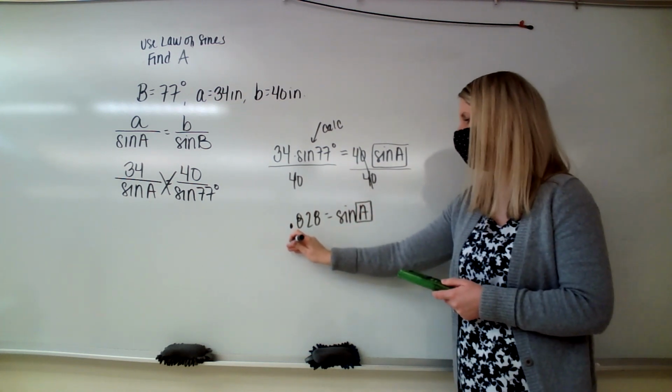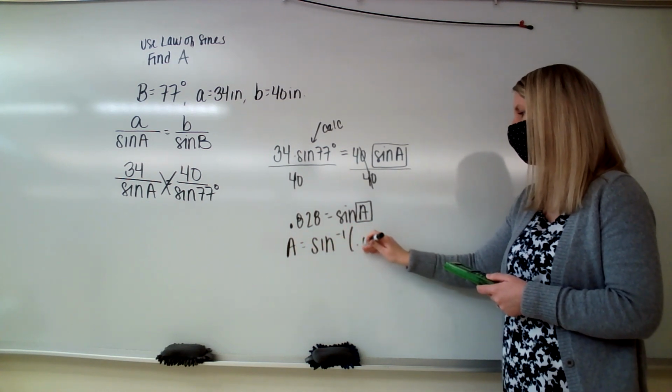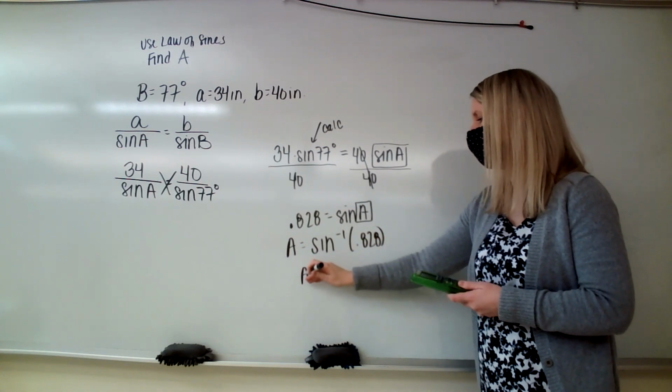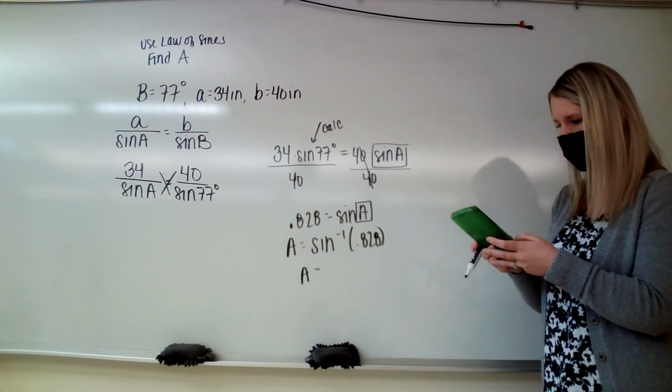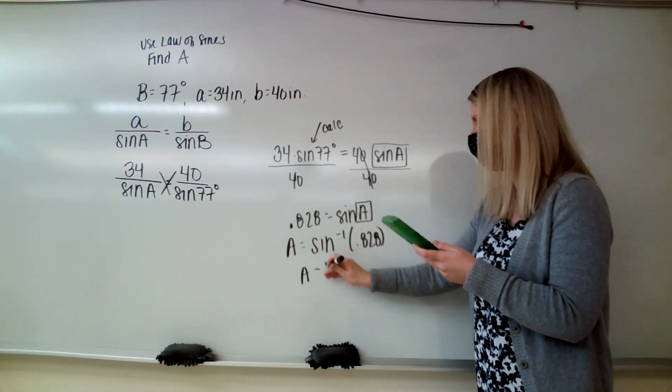To find A, I'm going to do the inverse sine of 0.828. So let me show you that on the Desmos calculator in case you don't have one handy at home. It should come out to, it's 55.89. I'm just going to round to 56.